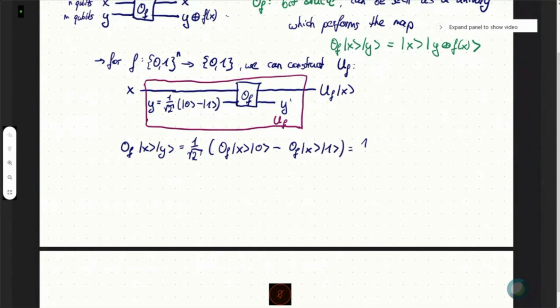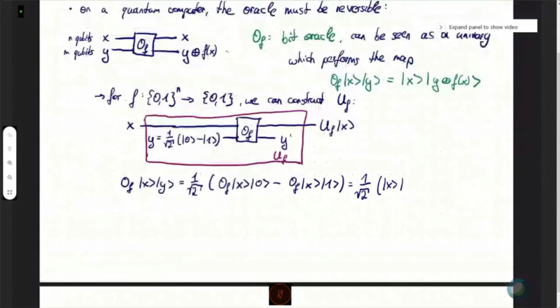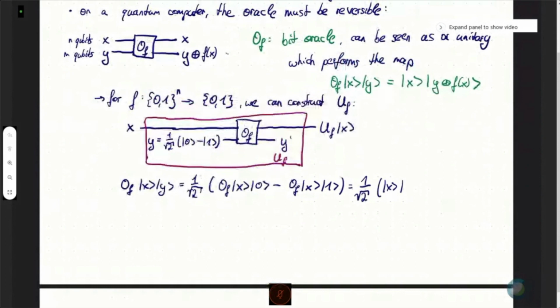Now we can insert the y state. And we can write this out, because we just learned about the bit oracle, which gives us outputs x and y plus f of x. So it will give us x and 0 plus f of x, minus x and 1 plus f of x.